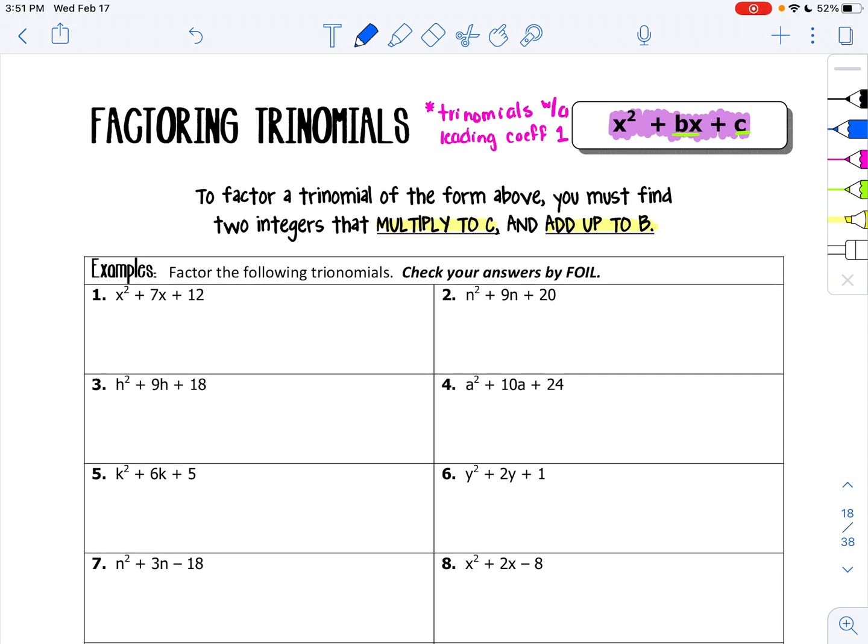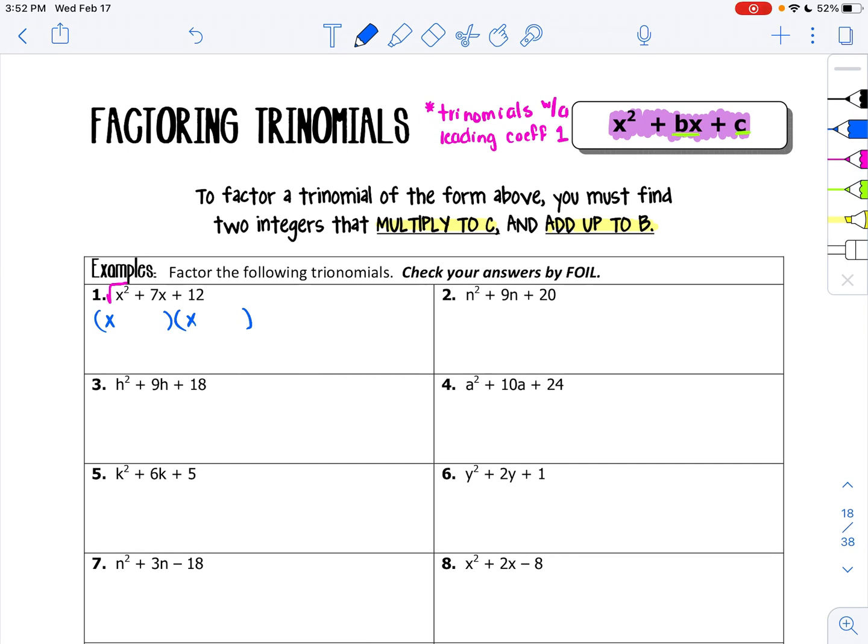So since we know that, we can go ahead and set up our problem as two binomials. To get the first term in each one, we're going to find the square root of a. The square root of x squared is x, so that's going to be the first term in each binomial.